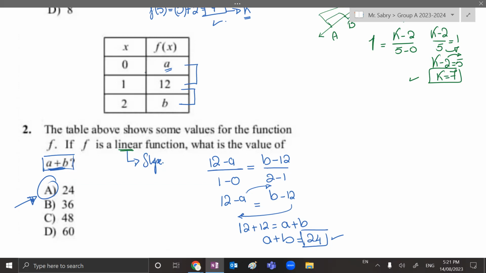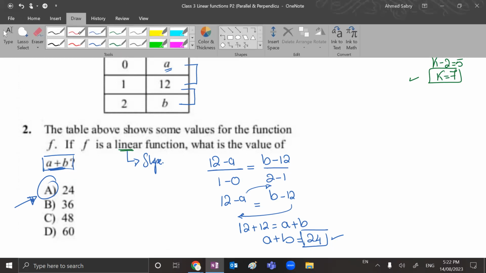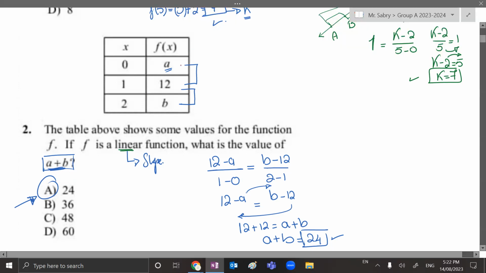I got your point. Now let me tweak a bit how things are called. What you're saying is right, but the only incorrect idea is assuming that A must be equal to 0. We don't know the value of A, and it could be that it's not 0. The only thing we're sure of, because this is linear, is that the difference between A and 12 is exactly the same as the difference between 12 and B, which is what we did here.